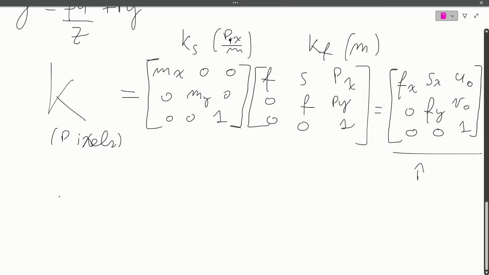We are saying that x is equal to 1 over z multiplied by the matrix fx, sx, u0. I remind you that this s is not necessary.